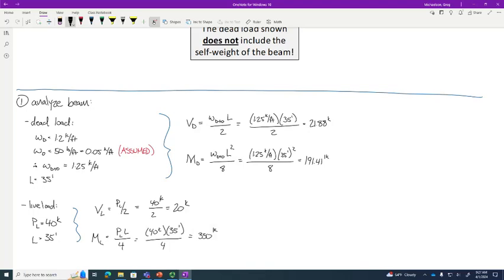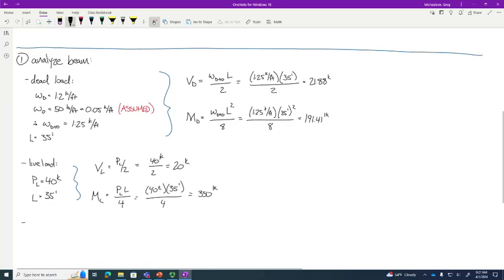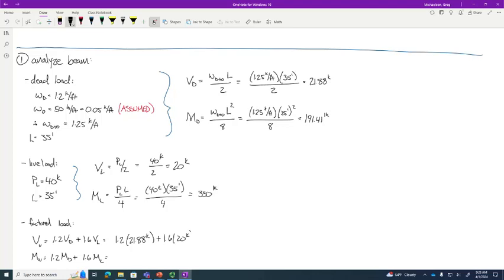And so from these, we determine a factored load. So 1.2 times 191.41 plus 1.6 times 350.